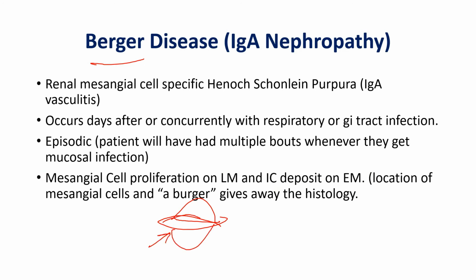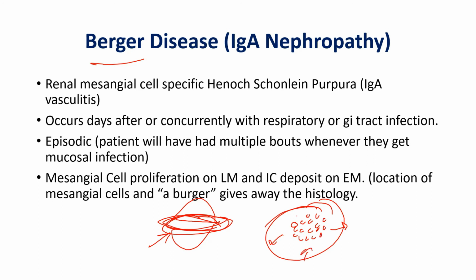And the burger itself, the hamburger, is inside the actual bun, and it's in the middle of the thing, right? Well, mesangial cells, when you look at a histology slide, the mesangial cells are all clustered in the middle. They're not on the periphery. When you look at an LM slide, you're going to see all of the deposits and the hyperproliferation of mesangial cells are all in the middle of these units.